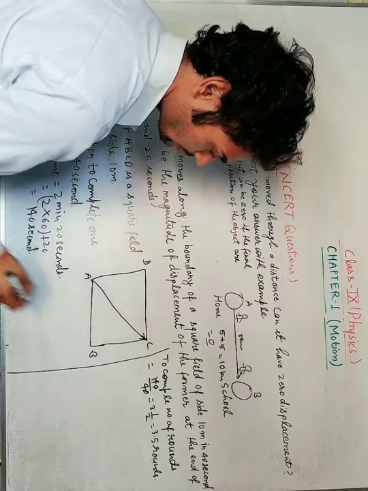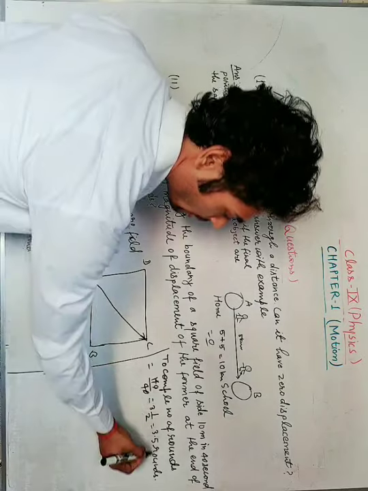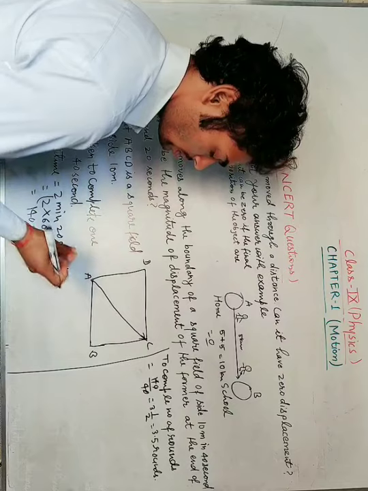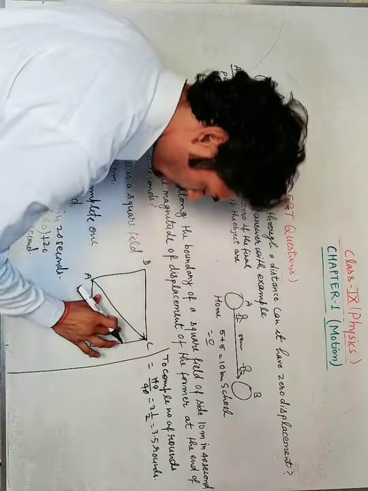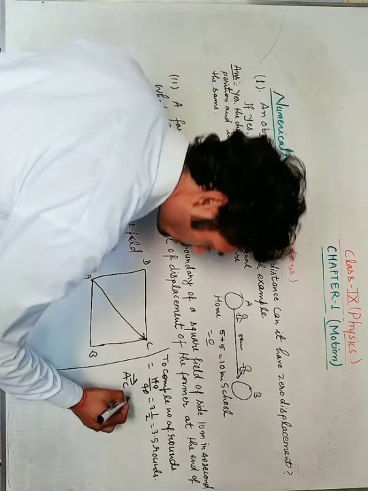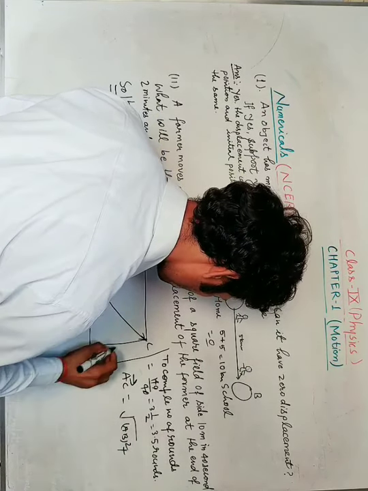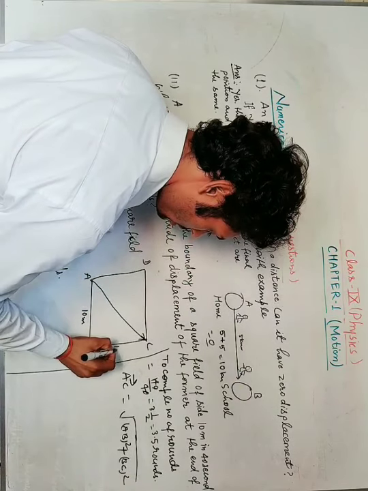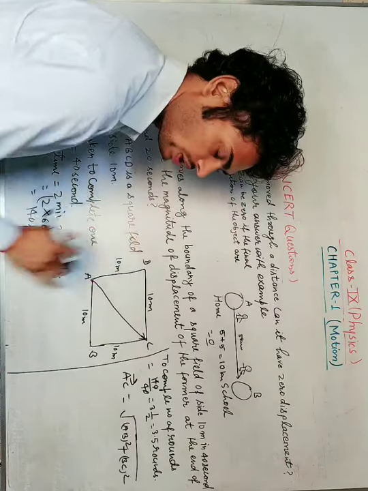Then total number of rounds completed by the farmer equals 3.5 rounds. So the magnitude of the displacement is AC. We have to find the AC vector. AC equals under root AB squared plus BC squared. Then AB is 10 meter and BC is also 10 meter, because this is a square field.